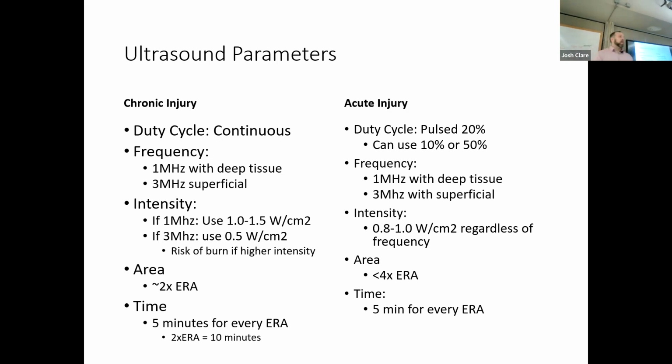So if you are doing that wide area, just under 4 times ERA, we're here for a while. If we are attacking that large of an area and we have a diathermy, that's probably more effective because the time is the same and that makes a little more sense. Although more clinics will have ultrasounds than diathermies.